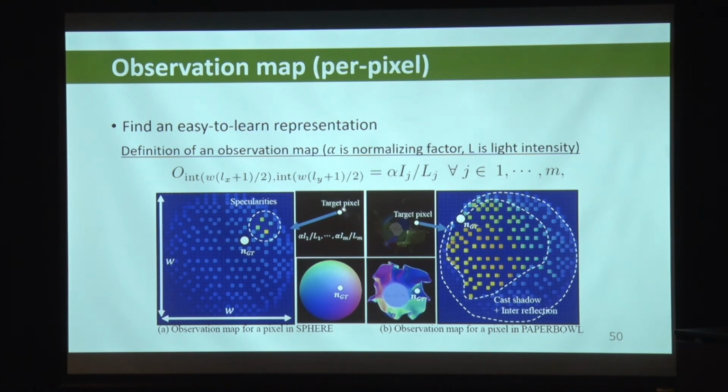Something very interesting is that for an object with very strong cast shadow, you will see a lot of these observations. There are also some strong values caused by interreflection. So by checking the distribution of this intensity map, it also encodes some very useful information about the complex reflectance caused by either general BRDFs or global illumination.